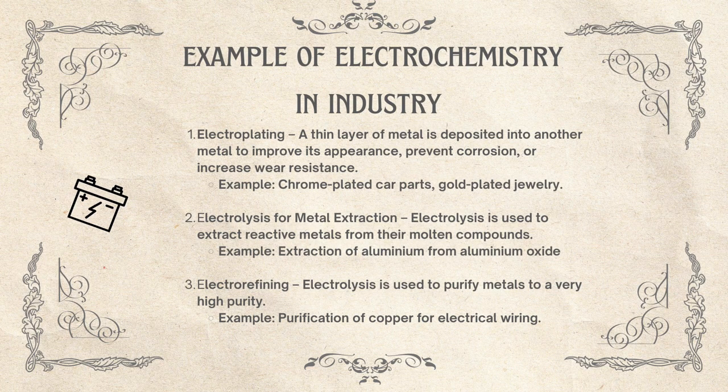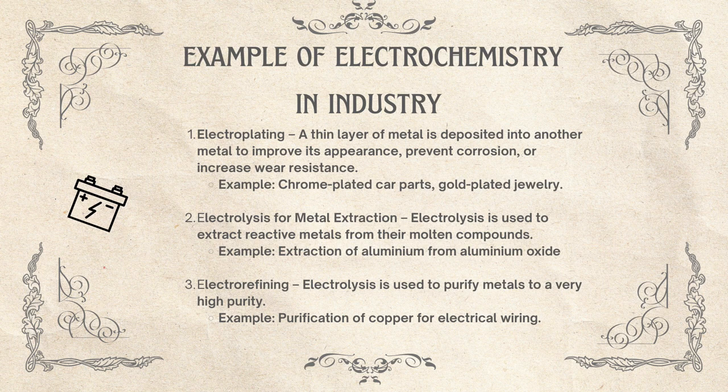Next, examples of electrochemistry in industry. First, electroplating. A thin layer of metal such as chromium, nickel, silver or gold is deposited onto another metal to improve its appearance, prevent corrosion or increase wear resistance.